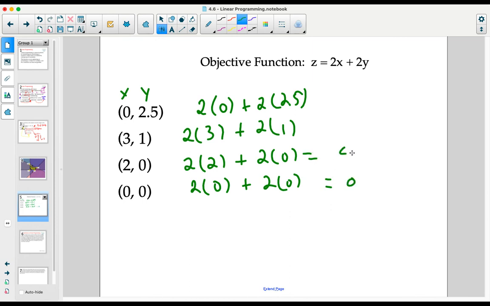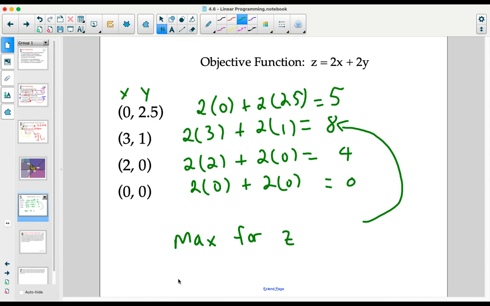This one is 0, this one is 4, that one is 8, and that one is 5. Based on the tenets and the proof of the linear programming, that's where our maximum is going to be. So the max for z is at the point (3, 1), and the value is 8.